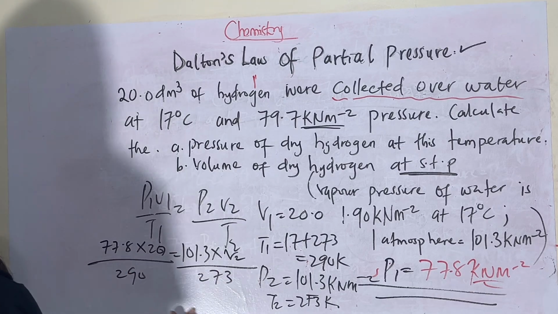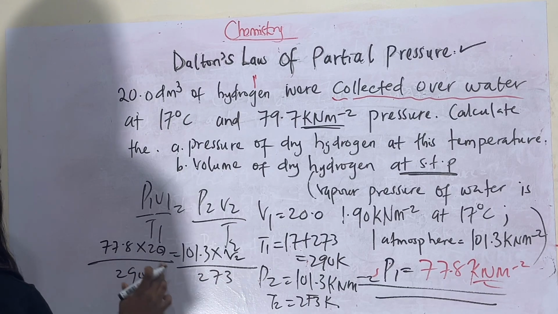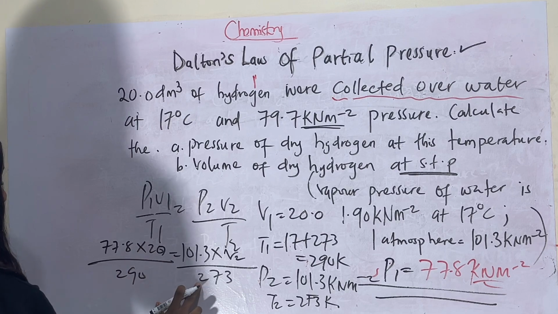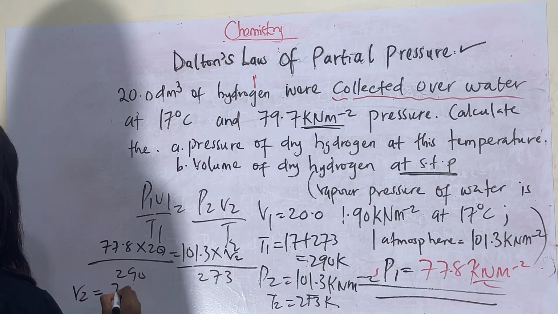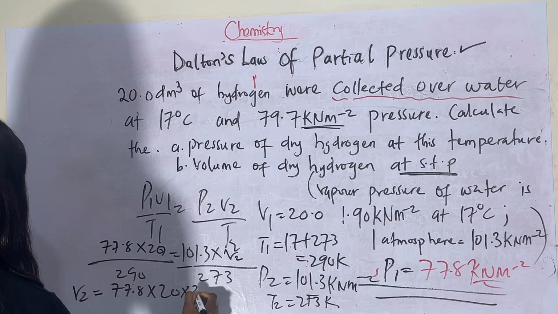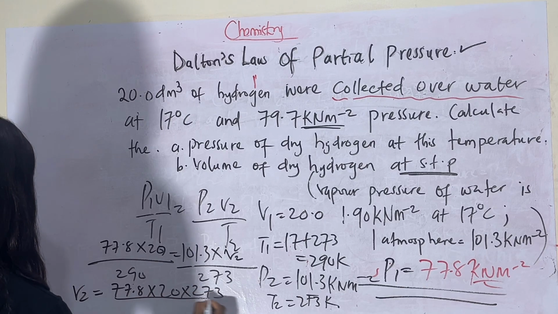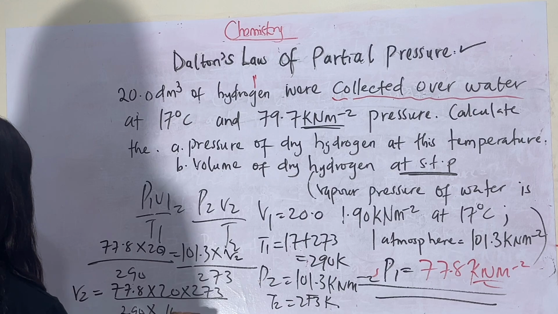All I'm going to do at this stage is cross multiply, because these are the things holding the unknown. So my V2 is equal to 77.8 times 20 times 273 divided by 290 times 101.3.